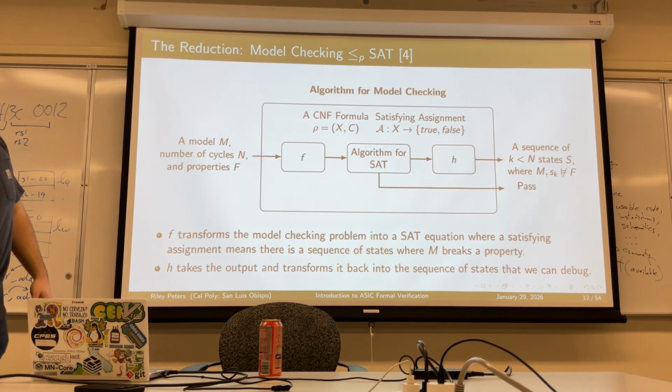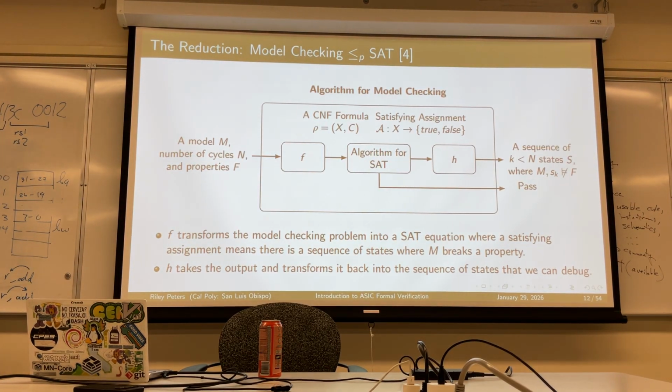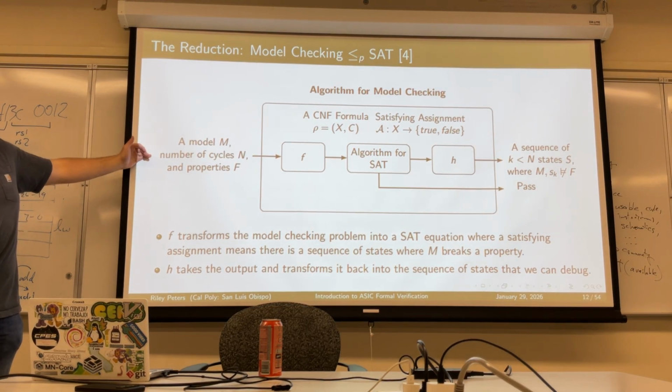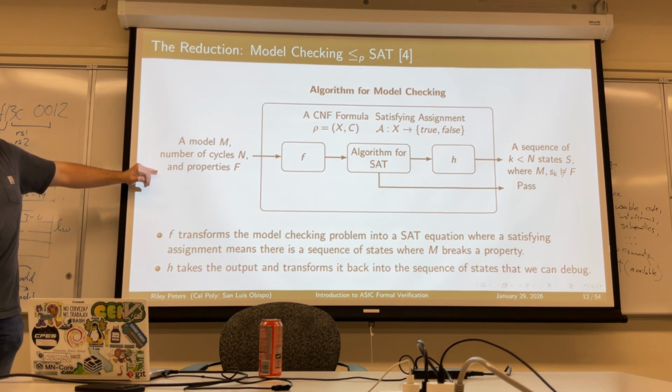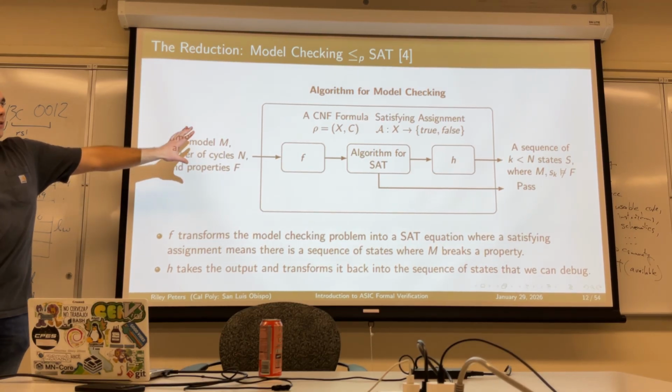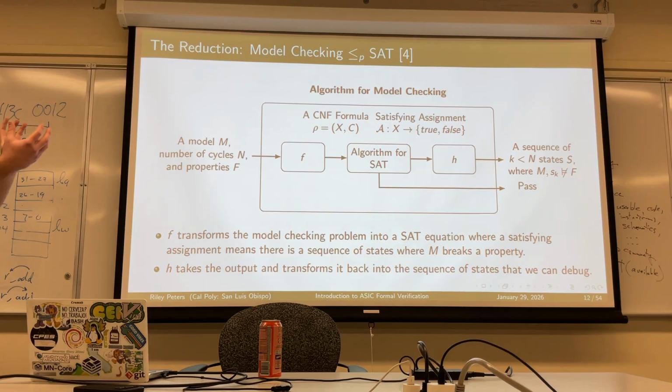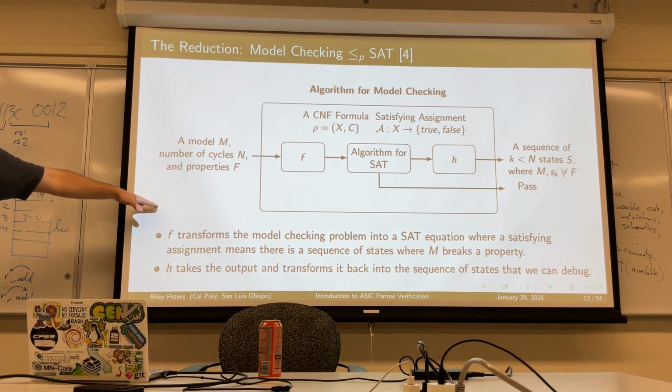So that looks like this. If I want to create something that can model check my device, I can input a model, some number of cycles I want to check, and some properties. I can feed it into the model checker algorithm. What it does is essentially take your model checking problem and translate it into a SAT equation where if the equation is satisfiable, your system will break eventually in those n cycles.